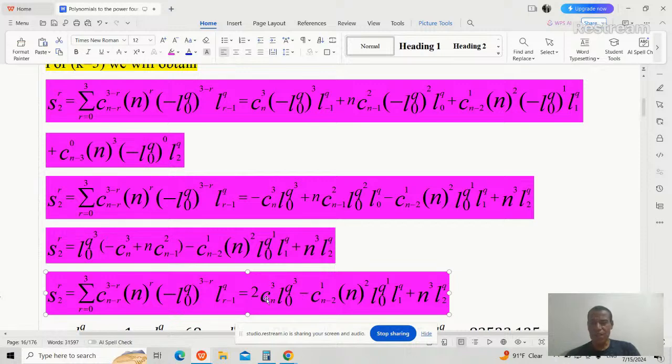Now, if you would like to calculate the difference between these things, combination n minus 1 choose 2 minus combination n choose 3 is written as combination 2 choose 1 minus 2 multiplied by combination n choose 3 L0 of O the Q raised to the power 3 minus combination n minus 2 choose 1 times n squared times L0 of O the Q times L1 of O the Q plus n cubed L2.